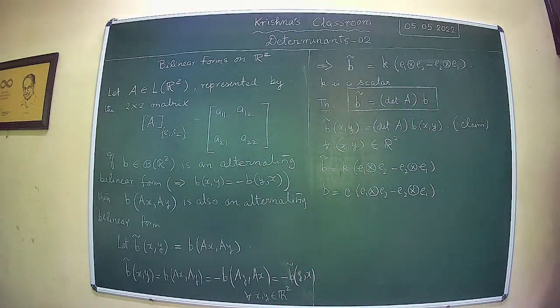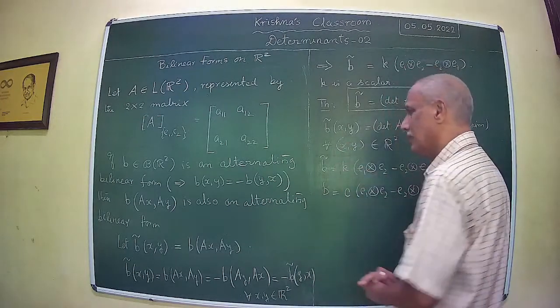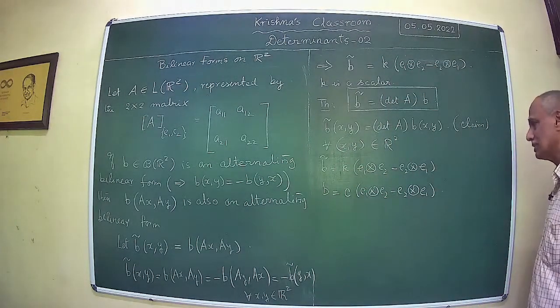Okay, we evaluate B tilde on E1, E1, E1, E2, E2, E1 and so on. So, if B and B tilde agree on these vectors, then this is what you have.